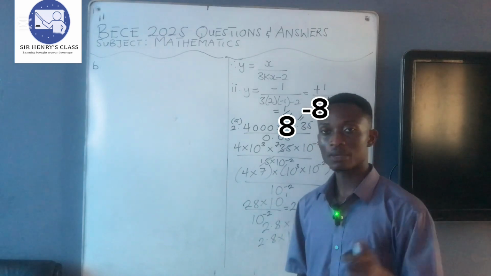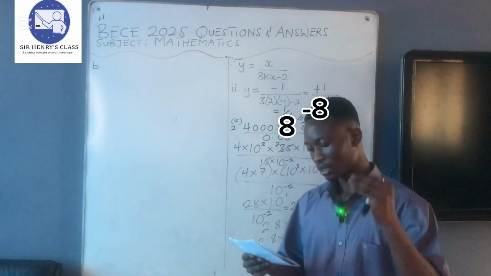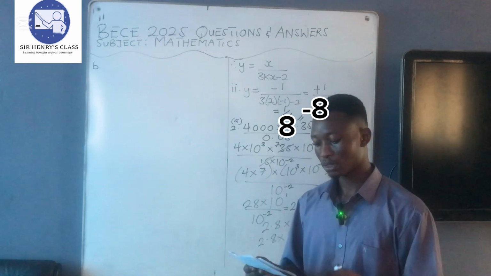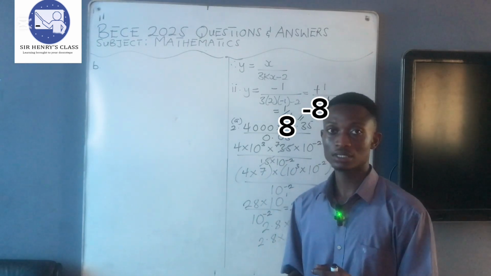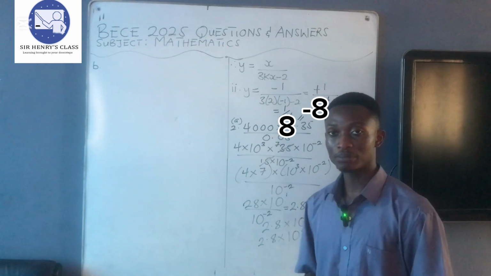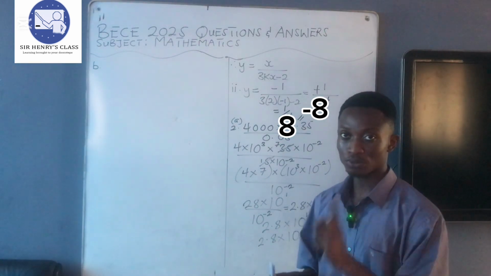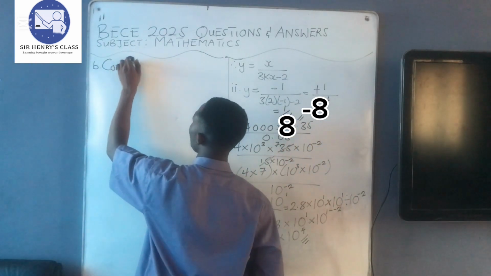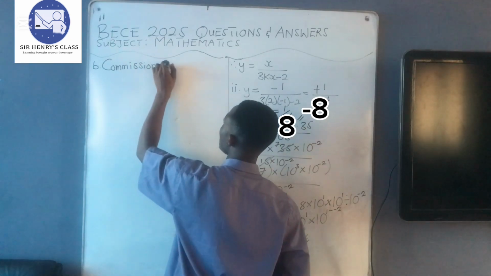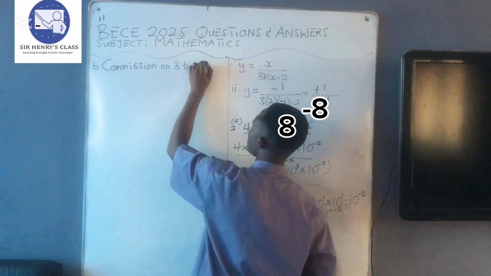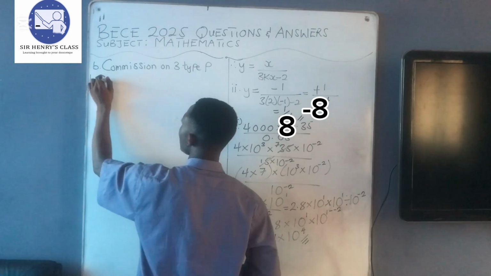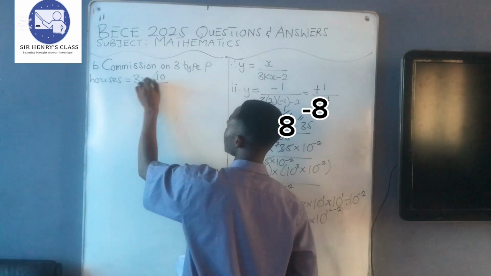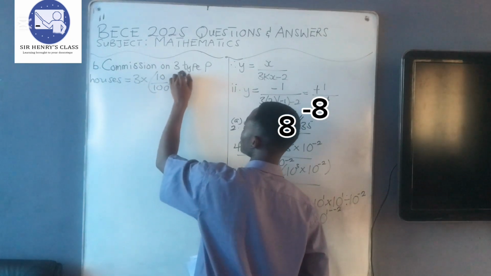For every P type house he sells, he receives 10% commission, and the total sale for the P house is 700,000 Ghana cedis. So to find the commission for all 3 type P houses, you multiply 3 by the commission on one of them. So commission on 3 type P houses is given by 3 multiplying, we open brackets, 10% of the total sale, which is 700,000.